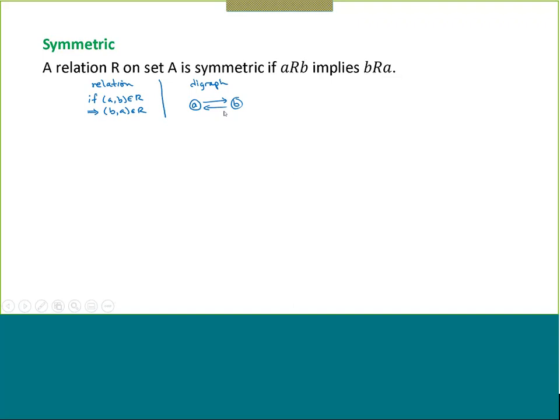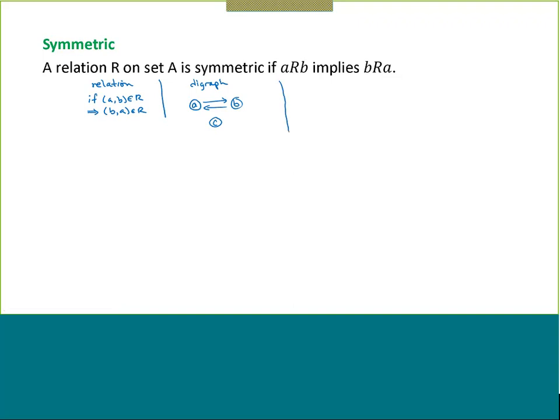Now, here's the thing to watch out for. It is totally fine to have two vertices in the digraph with no edges between them, but the only two options you have are doubled up edges or no edges. You're not allowed to have just one arrow between two different vertices. That's the thing that the symmetric property is excluding.